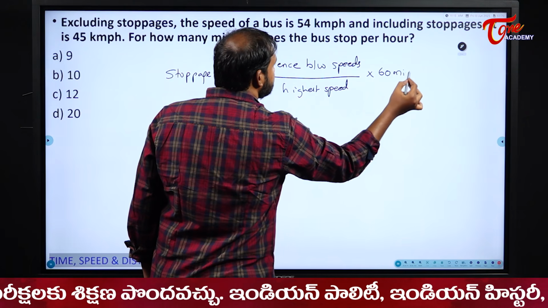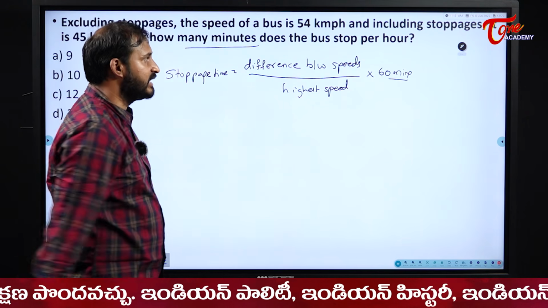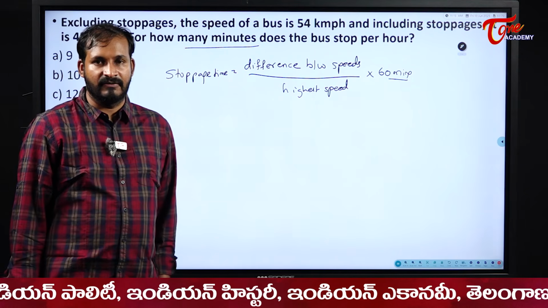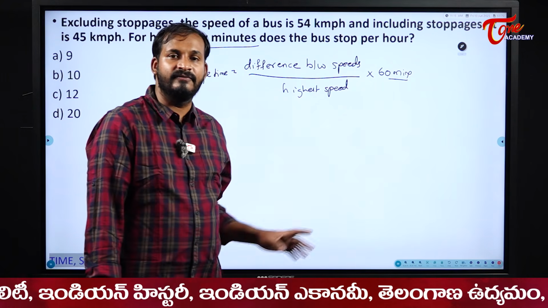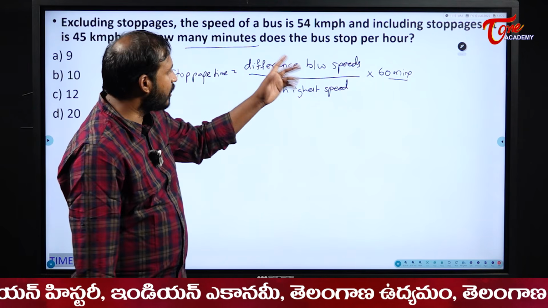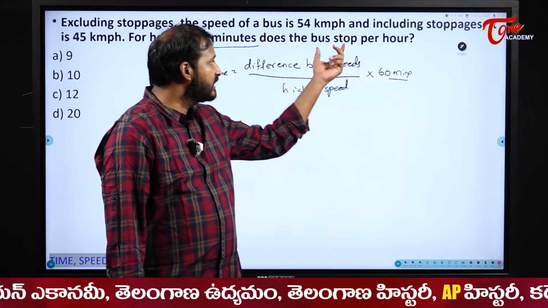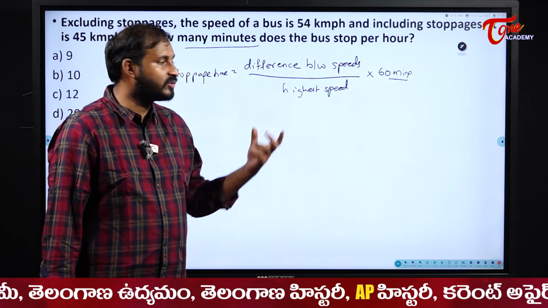Why we are doing this: they are asking how many minutes the bus stops per every 1 hour. So that is the reason we are multiplying it with 60 minutes. Actually for stoppage time this is enough, but we multiply with 60 because they are asking per hour.